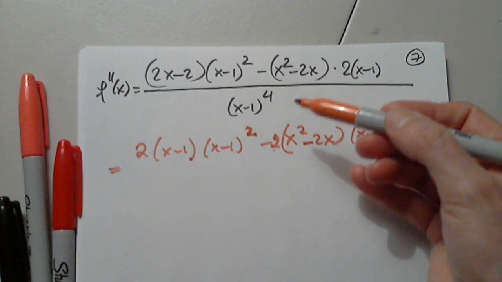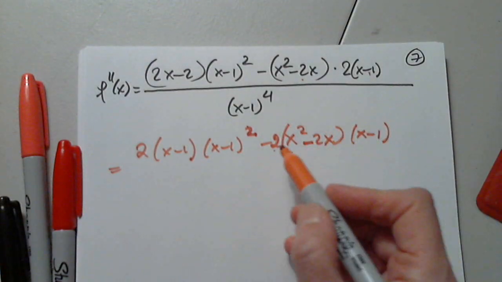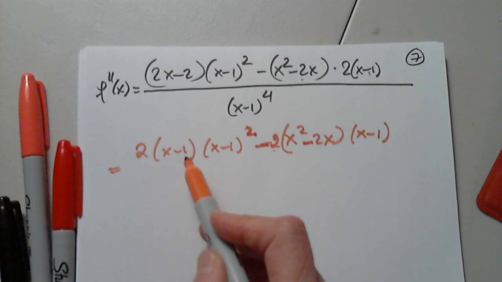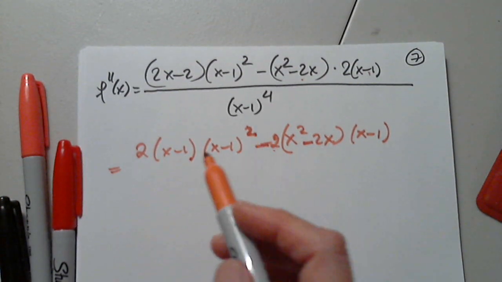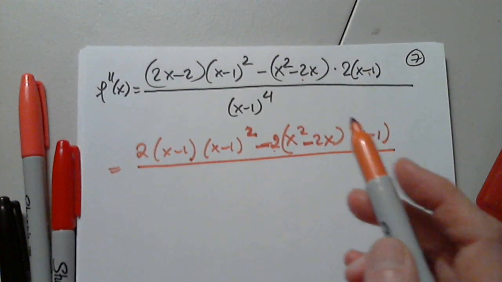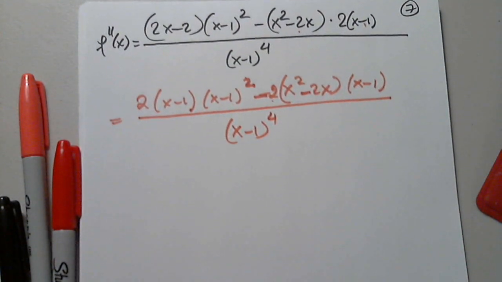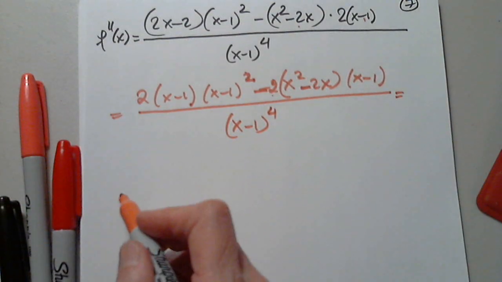So I put the 2 in front, I copy this, and I copy this. And here I factor out a 2. So I have x minus 1 and then x minus 1 squared. And everything is over x minus 1 to the fourth.